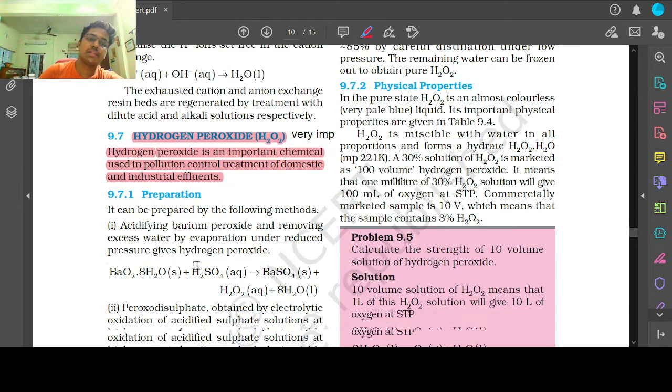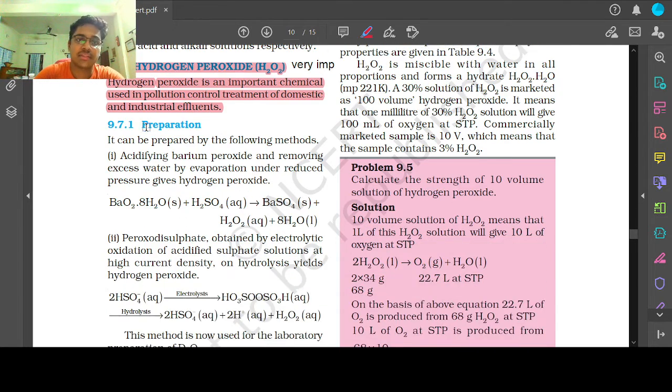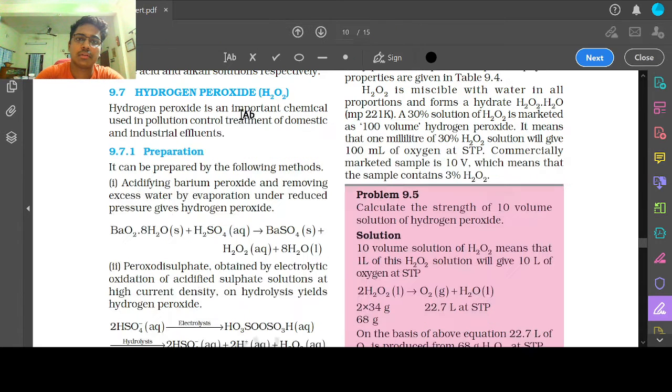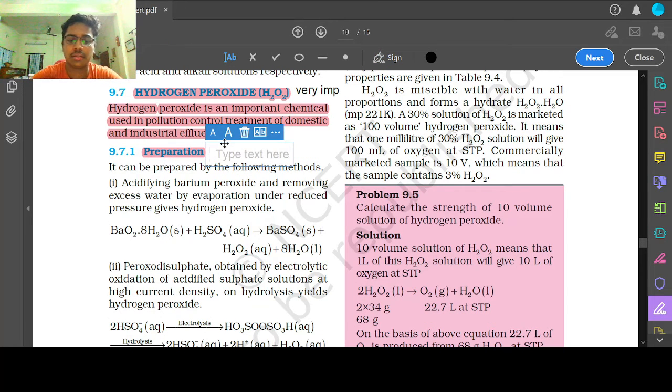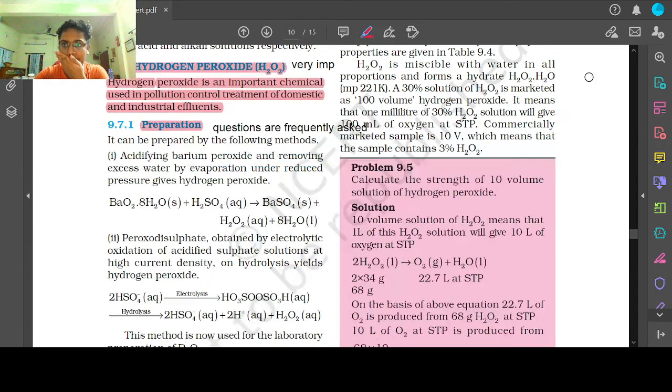Okay, let us see preparation. Preparation is very important. Questions come a lot from this section. I think questions are frequently asked from here.